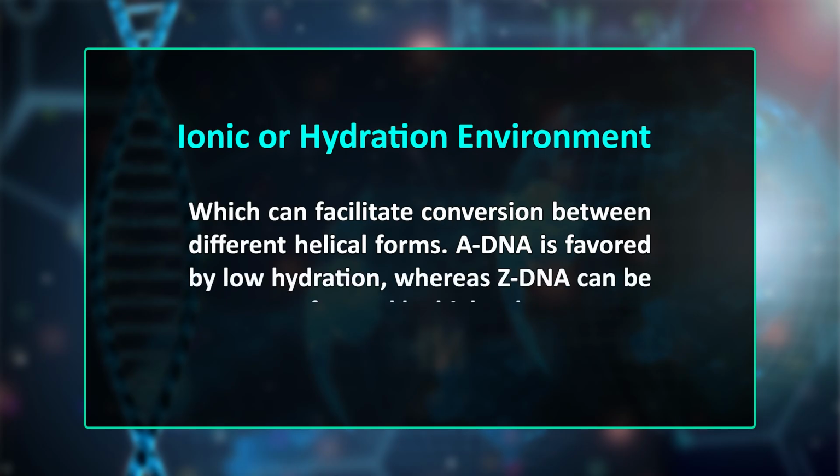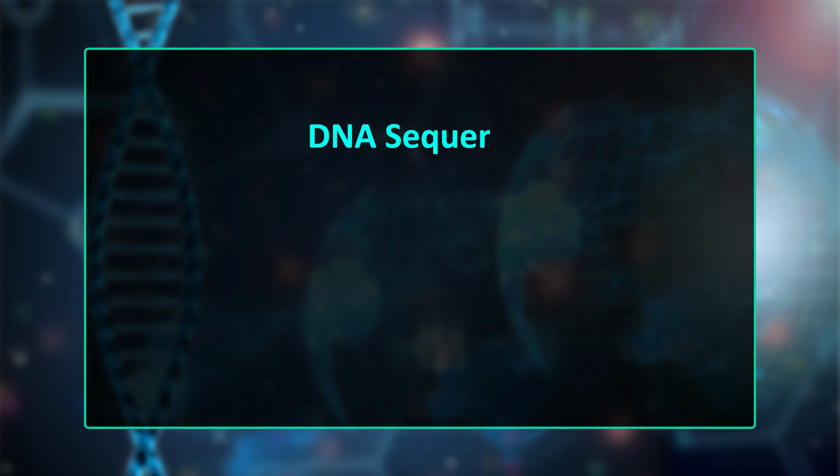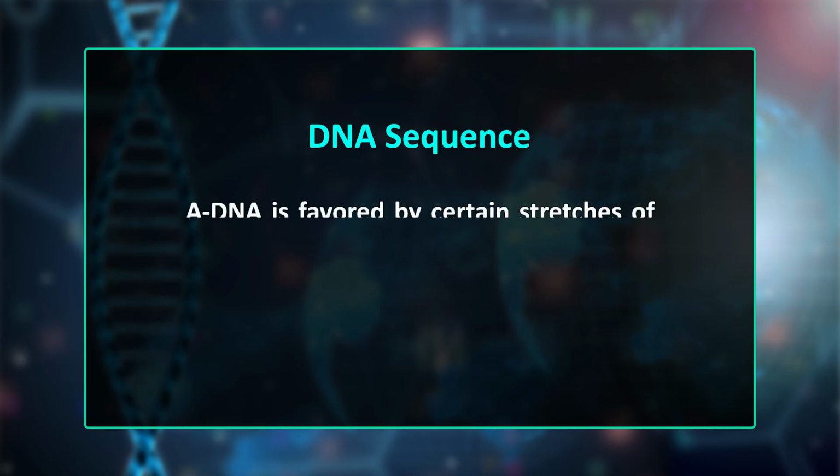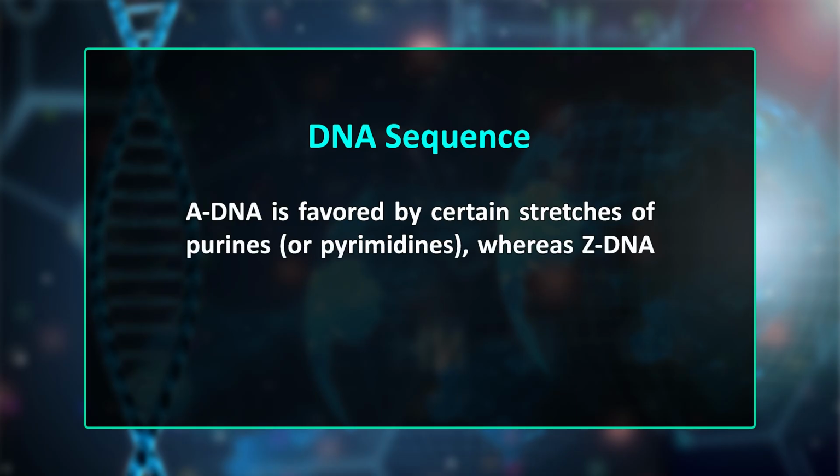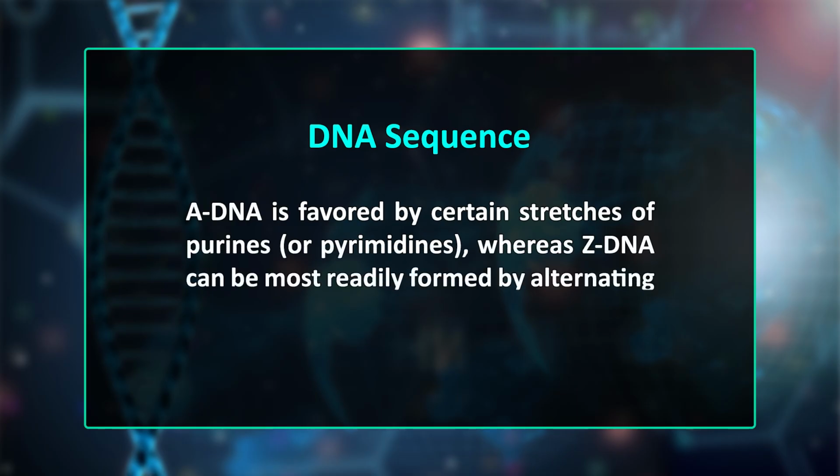A-DNA is favored by low hydration, whereas Z-DNA can be favored by high salt concentration. The second condition is the DNA sequence. A-DNA is favored by certain stretches of purines or pyrimidines, whereas Z-DNA can be most readily formed by alternating purine-pyrimidine steps.